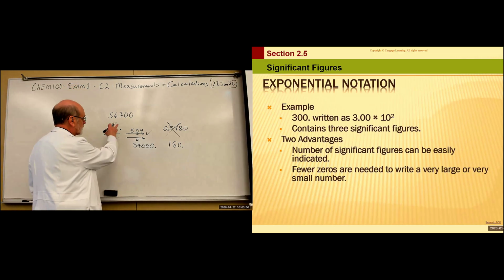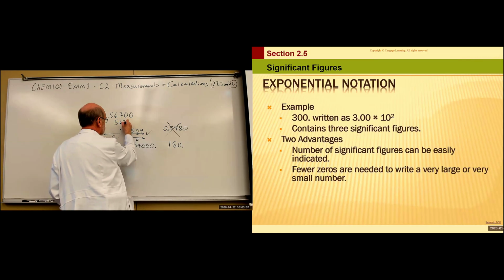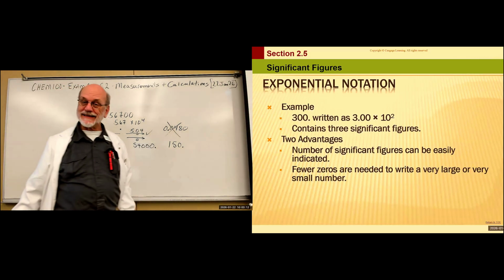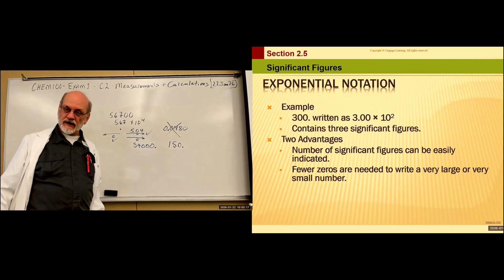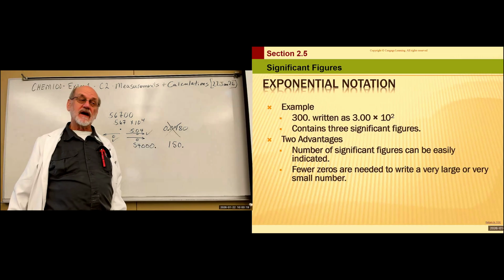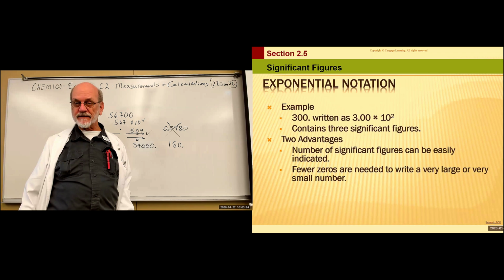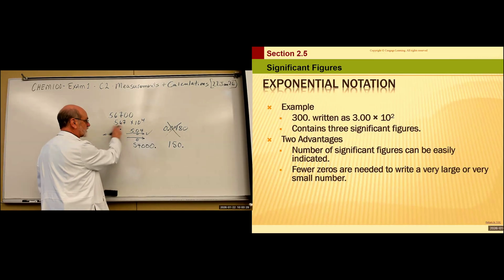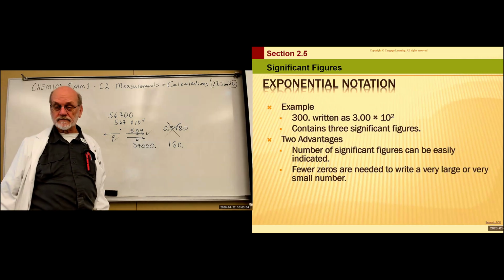But if we use scientific notation and the implied decimal is here, we go 1, 2, 3, 4. 5.67 times 10 to the 4th. Notice I didn't carry the zeros over because they're not significant. A number that has been rendered in scientific notation loses the non-significant zeros. So this says we have three significant figures in that number.